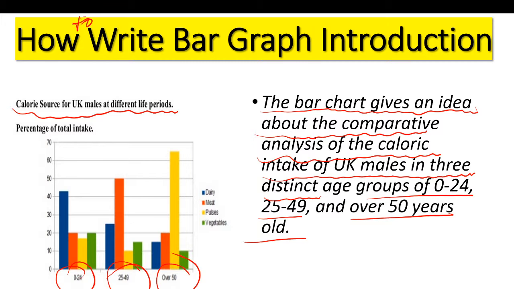What does it mean? Intake means it shows the calorie source, meaning how much they take. Three distinct means three different categories, which are 0 to 24, 25 to 49, and over 50.